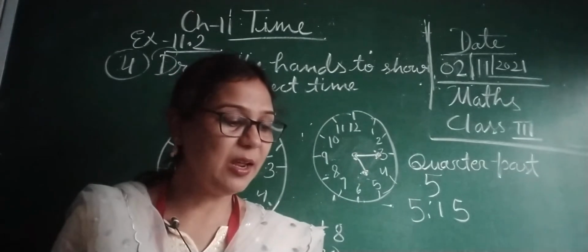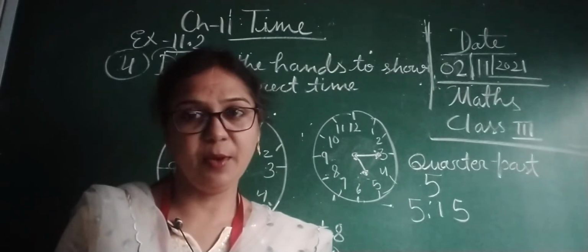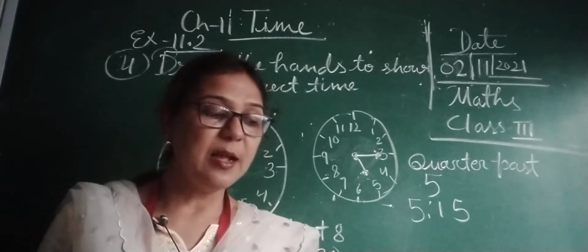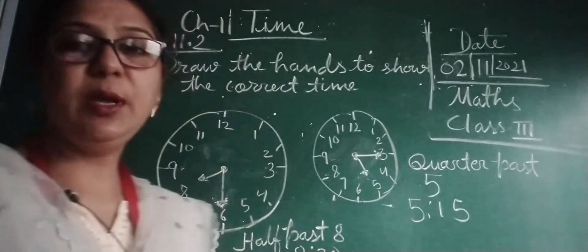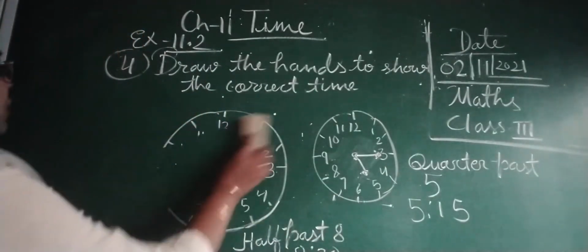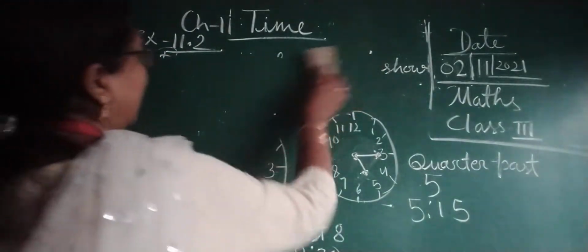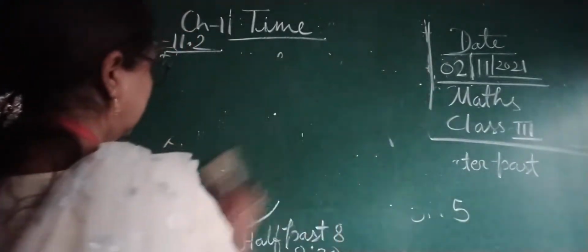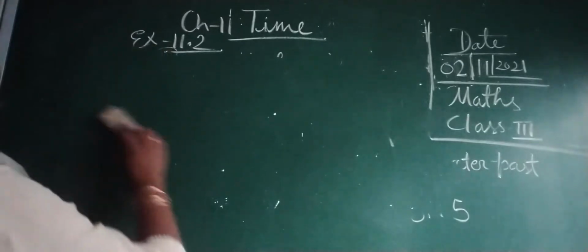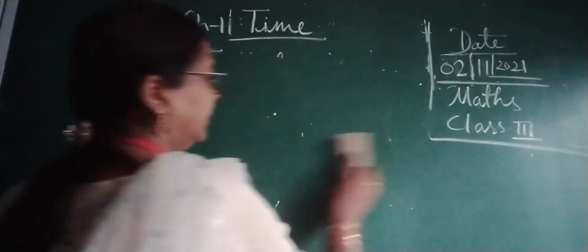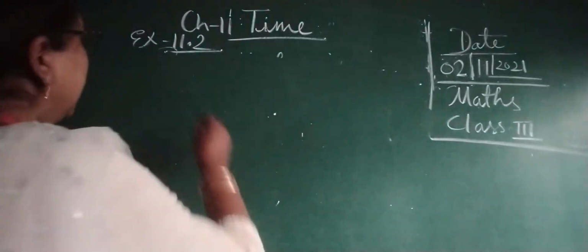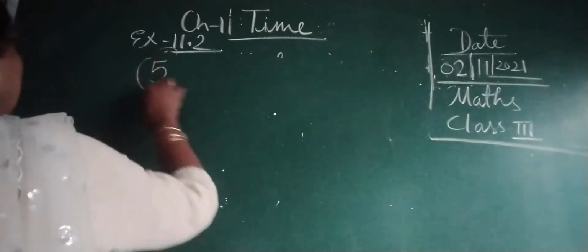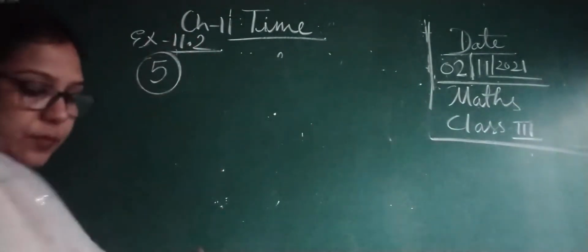So children, today we are going to start our fifth number question, that is match the clock with the correct time. Okay, so here children, we are going to start our question, that is question number 5 of exercise number 11.2.